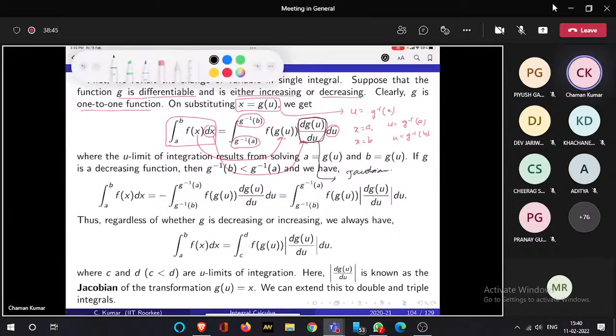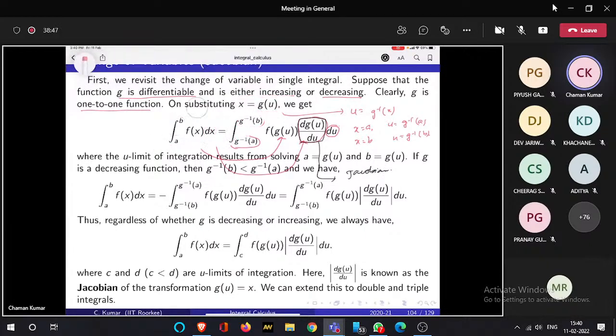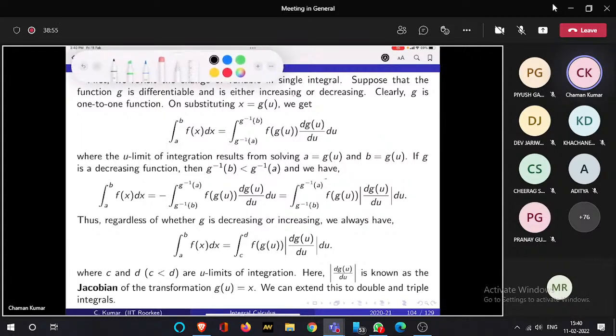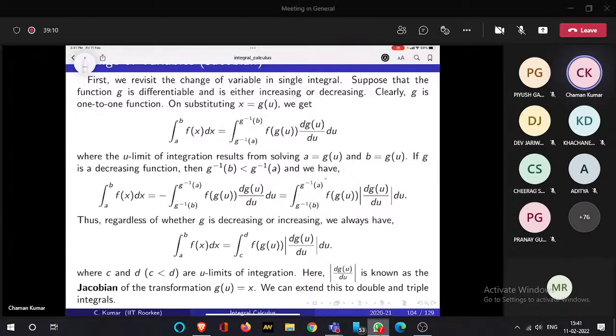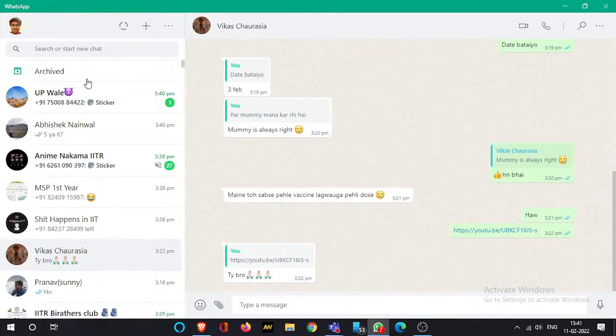Okay. This is the case when the function g is increasing, and now if the function g is decreasing, then you just interchange the role of this limit.